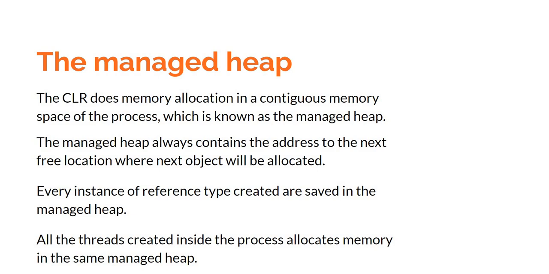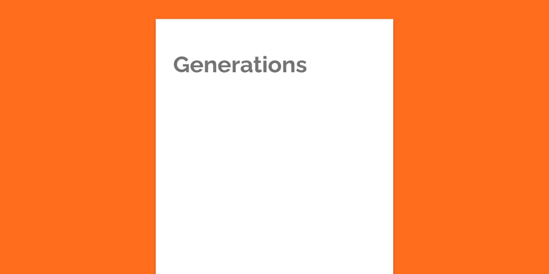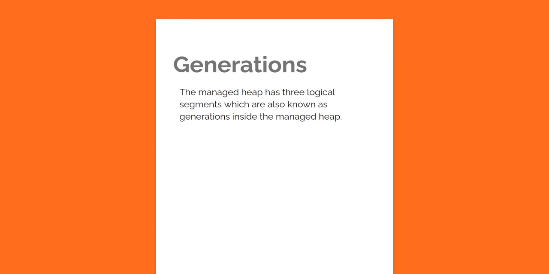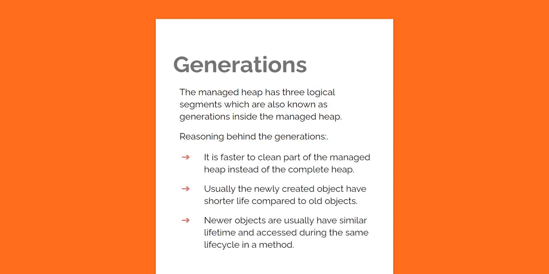Now the managed heap has a very interesting concept called generations. So let's take a little bit of a look into what generations are. The managed heap has three logical segments which are known as generations. The reasoning behind generations is, first of all, it is faster to clean part of a managed heap instead of the complete heap.